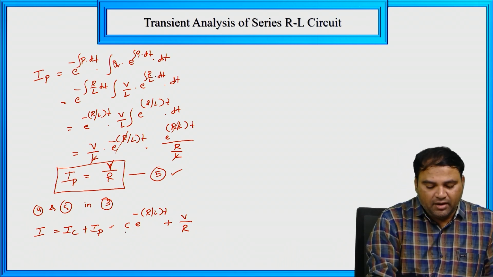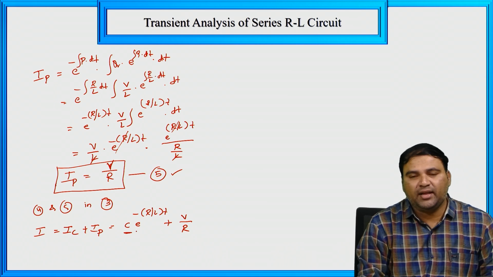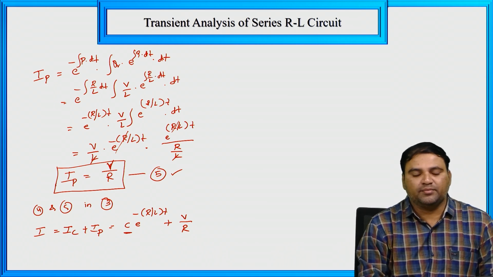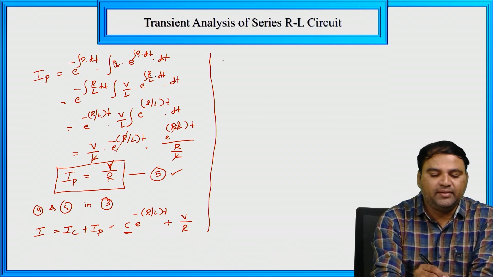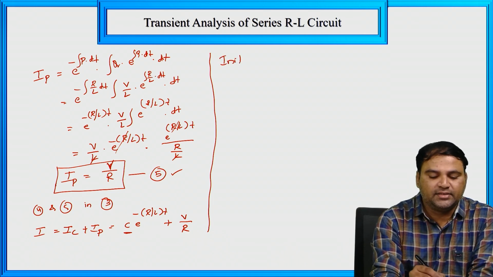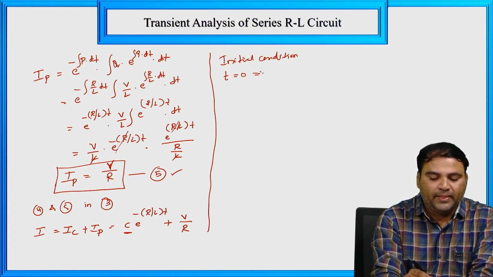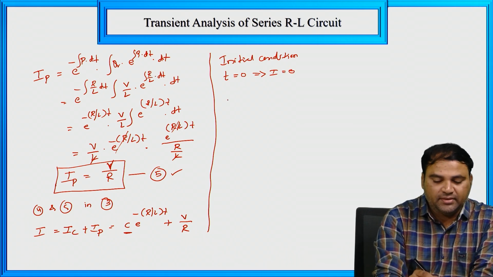But here the constant C is there, so we have to calculate the constant term. How can we calculate the constant term here? We have the initial conditions. If t equal to 0, then I equal to 0. Now substitute in this equation.